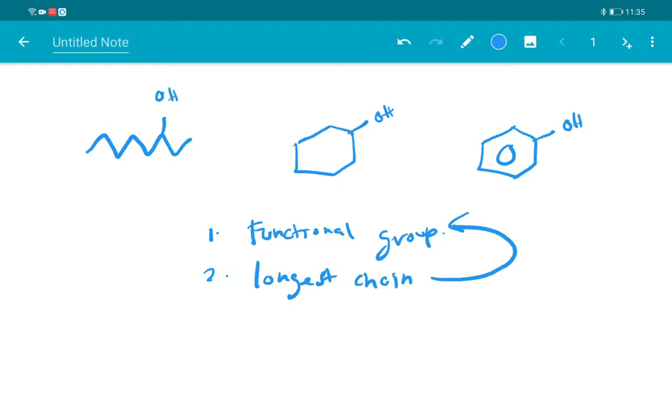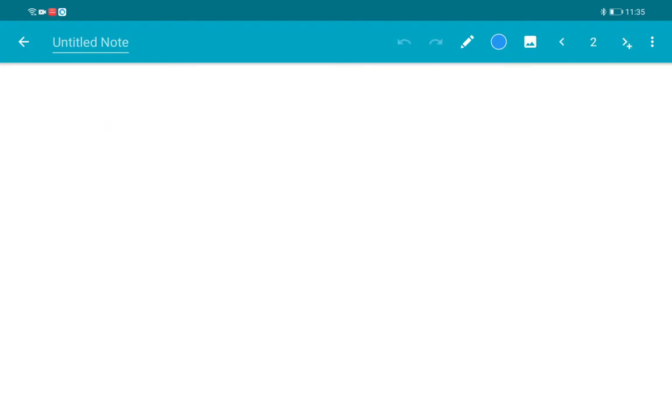Okay, as an example, let's say we talk about the functional group first. We already knew that any alcohol is derived from the alkane hydrocarbon.